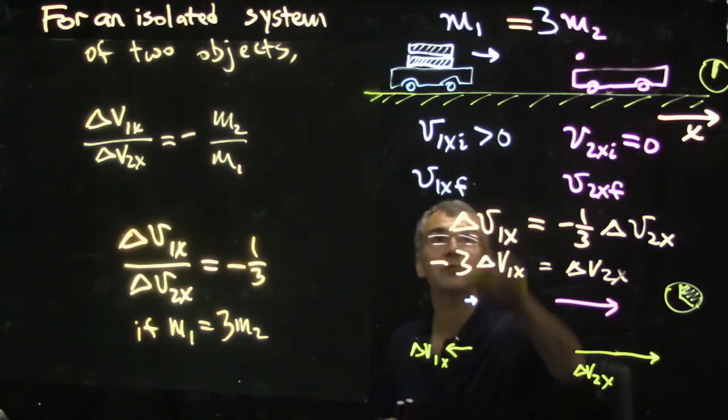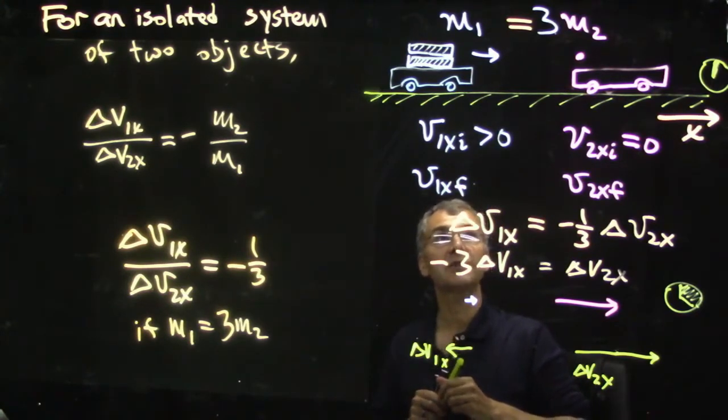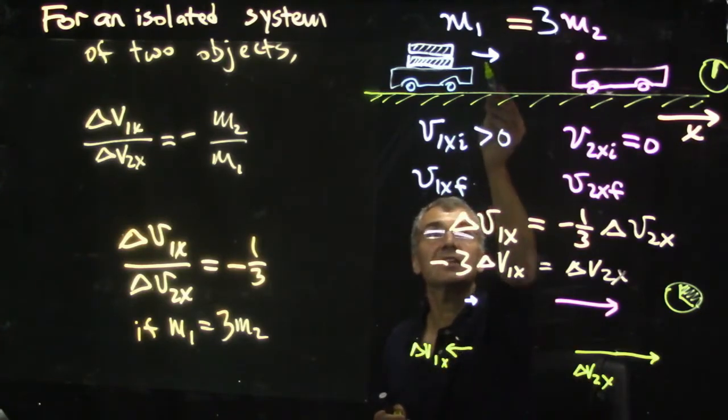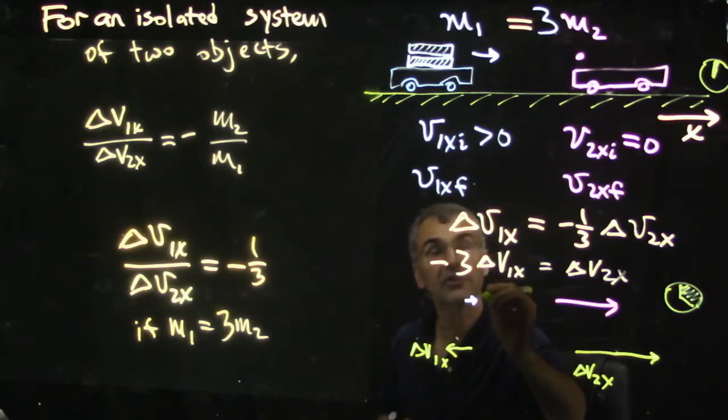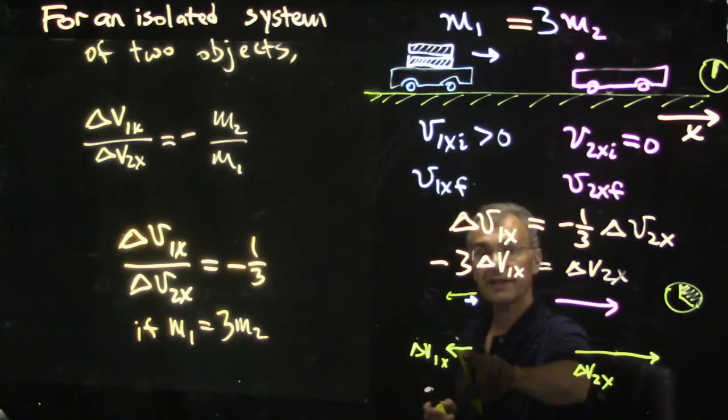So what does that look like for a change? If you take final minus initial, we want to negate the initial state, so we reverse its direction. We take final minus initial, and that looks like a change pointing to the left, but it's not too big.